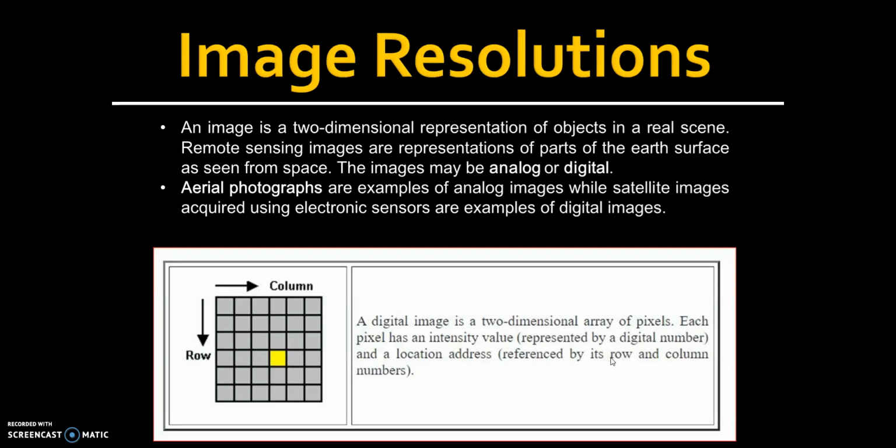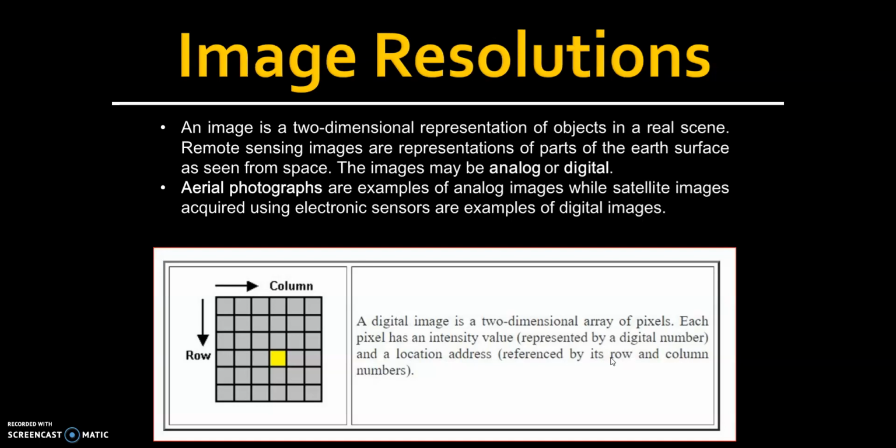So what does a digital image consist of? A digital image consists of a group of pixels arranged in a two-dimensional way, and they have two important characteristics: one is the intensity value, the other one is a location address.